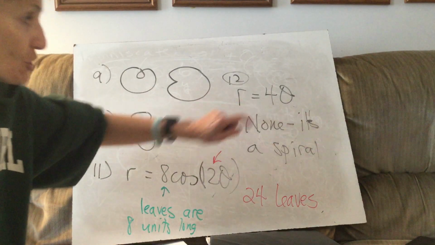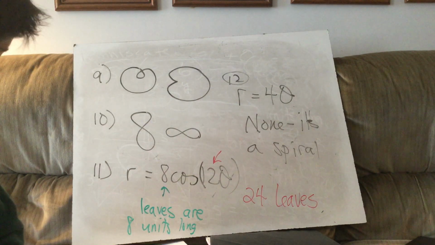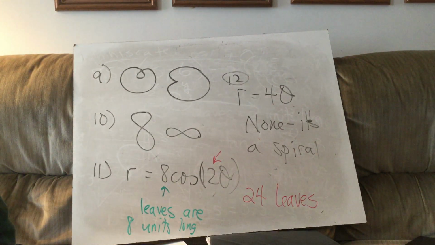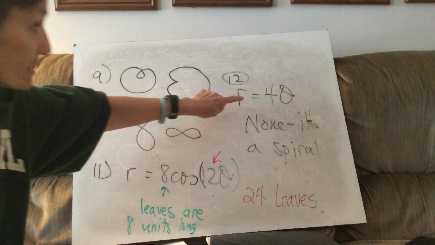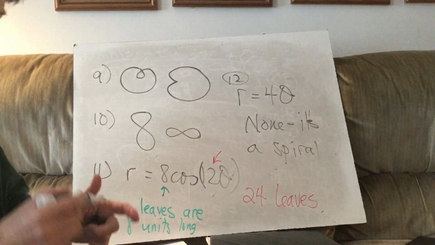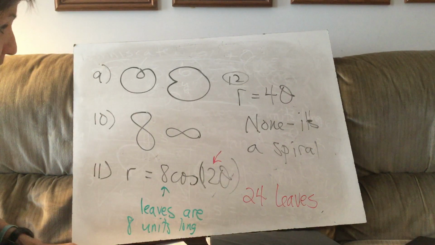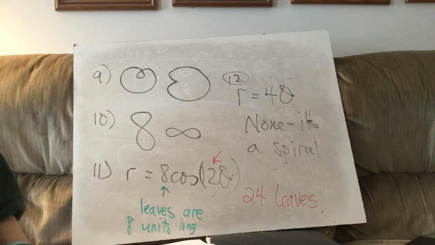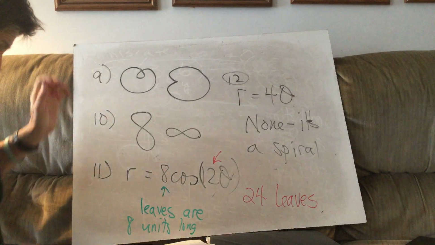Because that equation does not have a sine or cosine. It is not a rose. It is not a lemniscate. It is a spiral because it does not have a sine or cosine. Very, very tricky. That happens to be an Archimedean spiral, if you care to know that. But the answer to the question is no leaves. None at all.